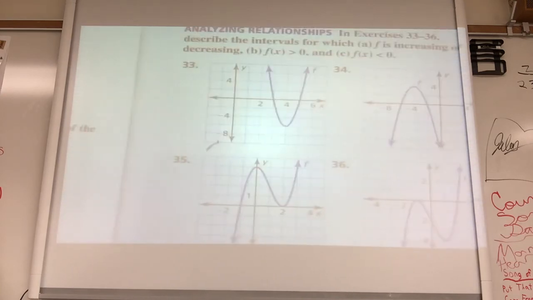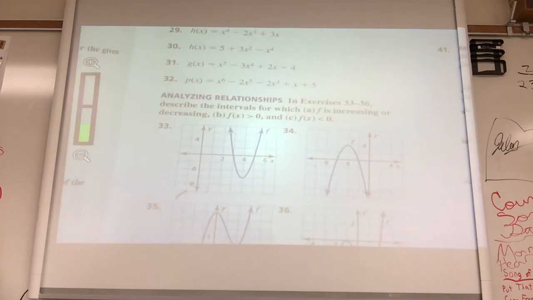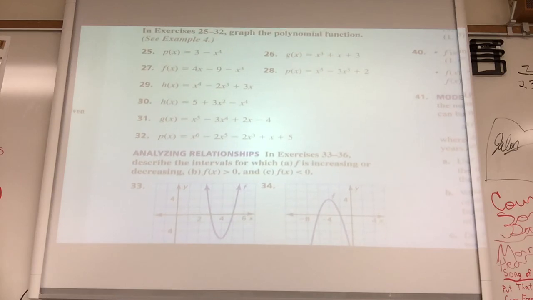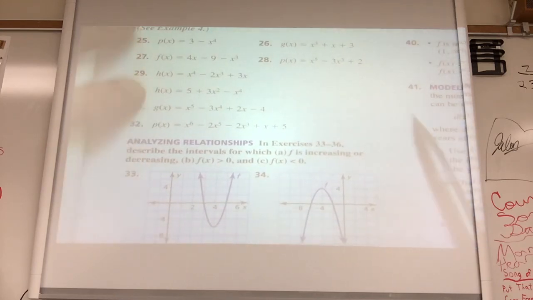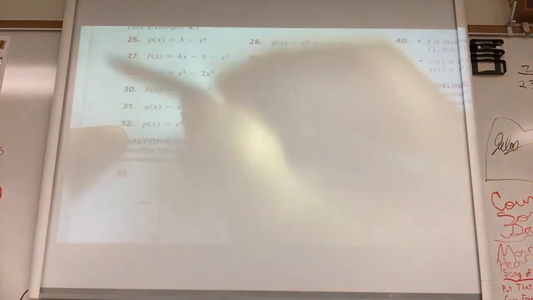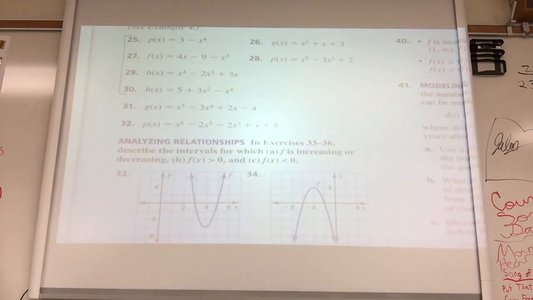The last little bit right here, guys, if you look over to the page right next to you, on page 215, you're looking at numbers 25 through 28. I'm not going to make you do a ton of these, but I will make you do probably, let's go with 4. So 25 through 30.